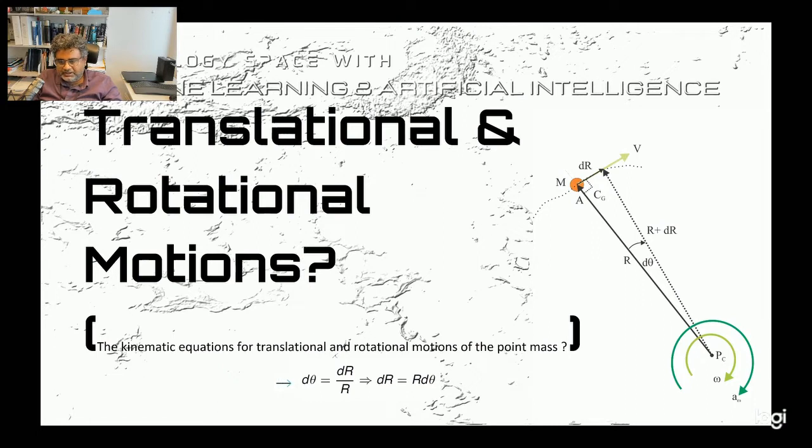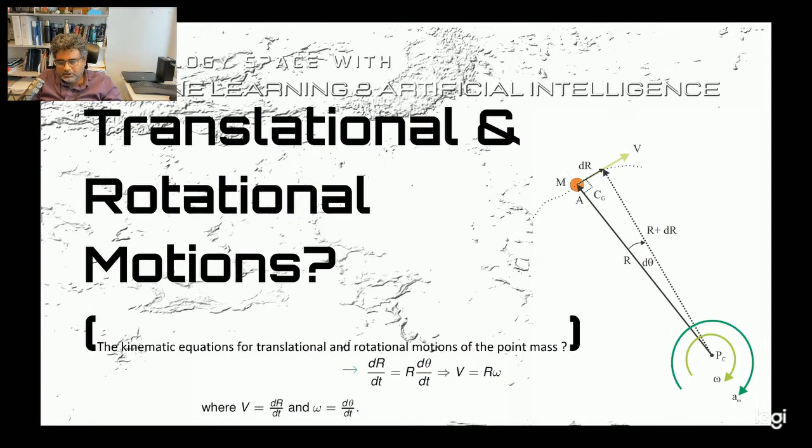So let's take the time derivative of this equation. The time derivative of this equation will be dr over dt equal to r times d theta over dt. As you know from your previous equations, dr over dt is equal to the translational velocity of the point mass, and d theta over dt is equal to the rotational velocity of the point mass.